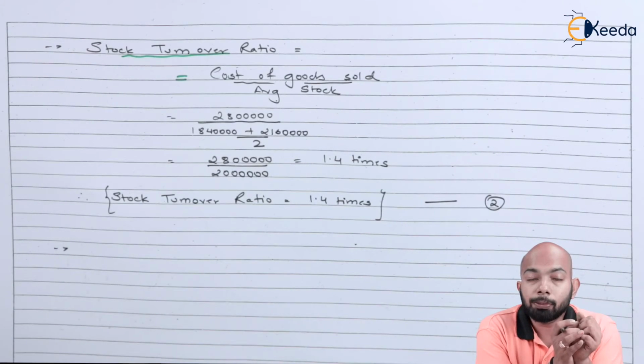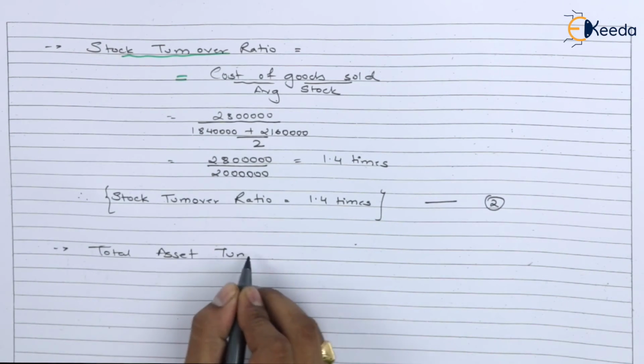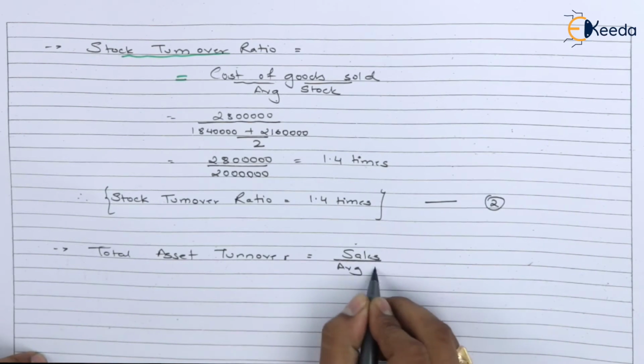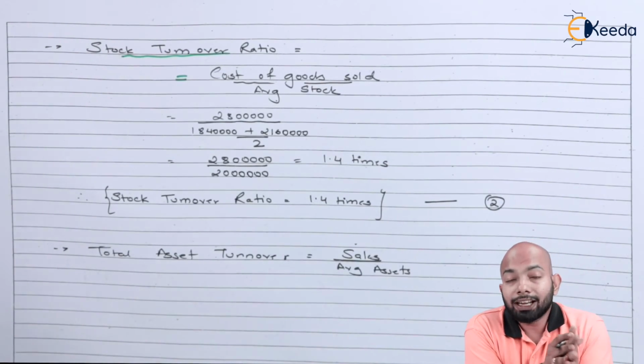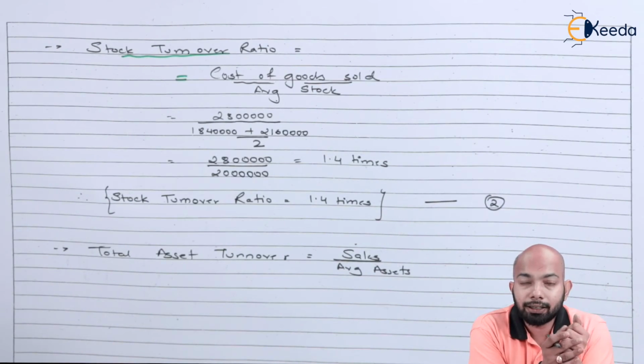Now the last ratio that we'll be dealing with is the total asset turnover ratio. The formula is sales upon average asset. Let's utilize that.